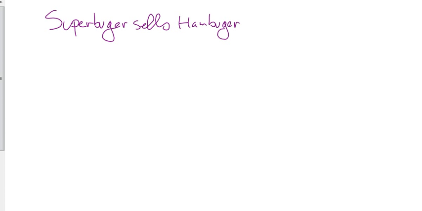Super Burger sells hamburgers, with the choice of ketchup, mustard, and relish.